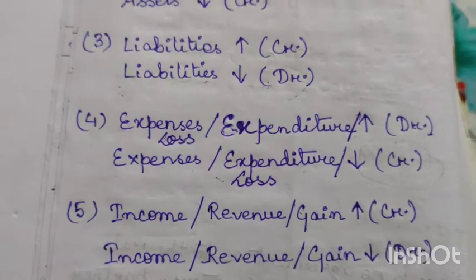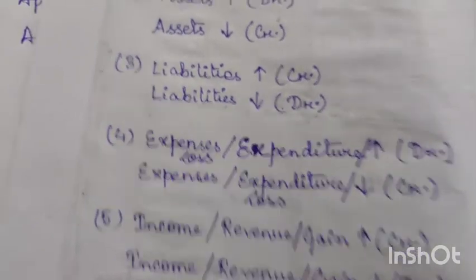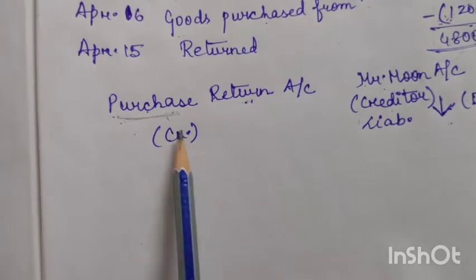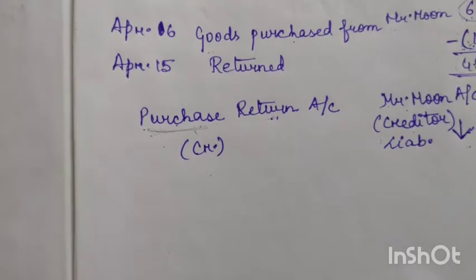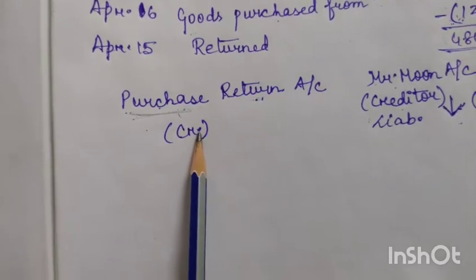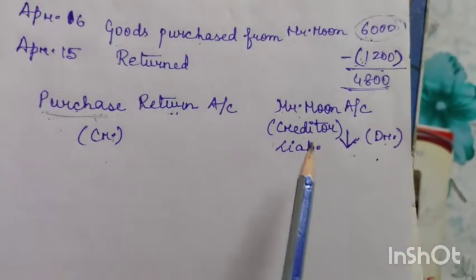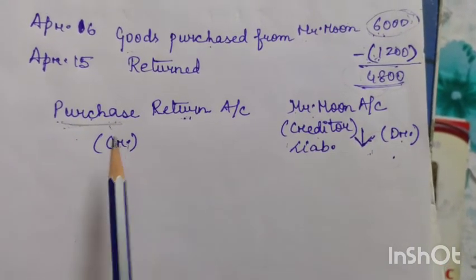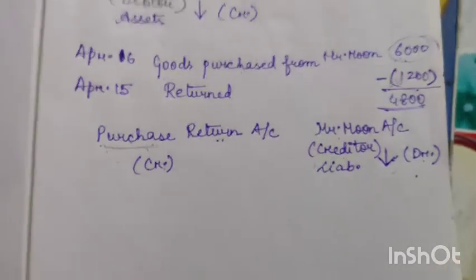It is one logic. Another logic is, if purchase is an expense, then return, indirectly, when we are returning goods, it becomes an income, right? If expense decreases, what does it mean? It is a kind of income only. So that is why it is credited. And another logic is, since one account is debited, obviously the other account will be credited. So we have got the two accounts.